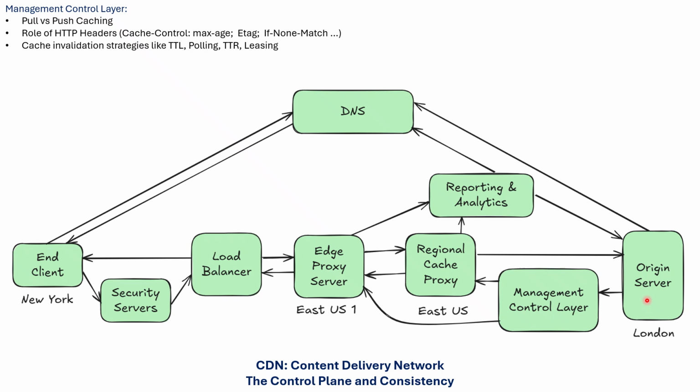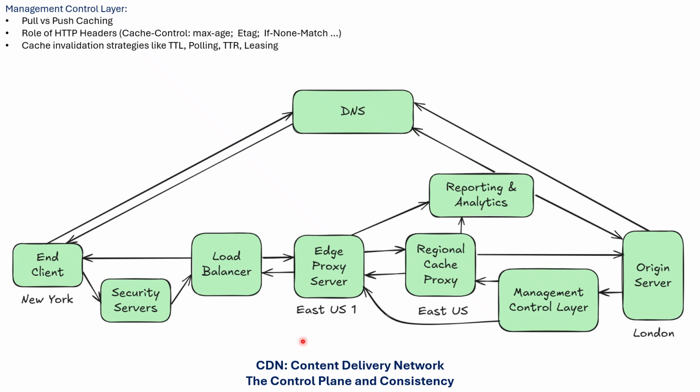For revalidation, the server can set ETag, or entity tag, which is a unique identifier for a version of a resource. A client browser can then send back an If-None-Match request to ask the CDN if its cached version is still the latest one without downloading the entire file again.